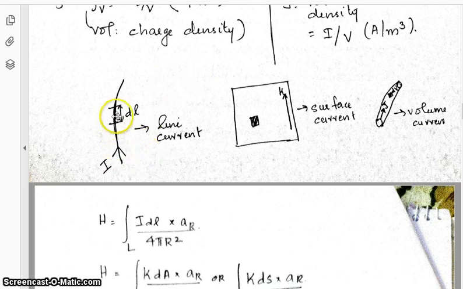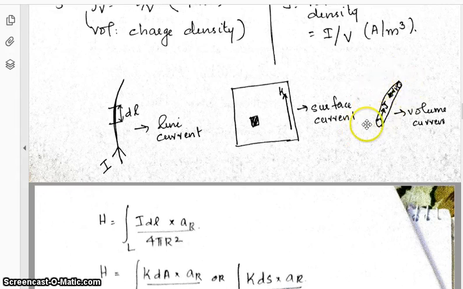If the current is flowing through a wire or a line charge, then it is a line current. And if you take a surface, and the current is moving through the surface of that body, then it is surface current.